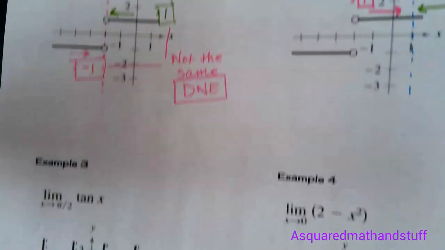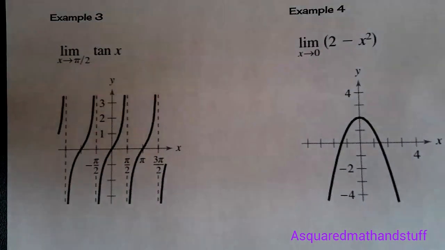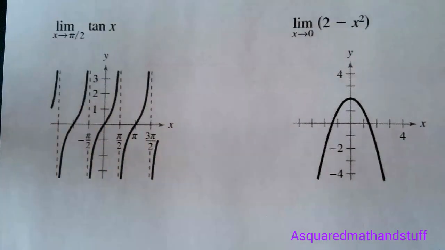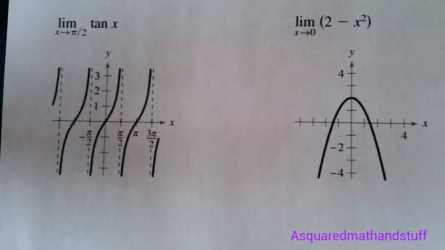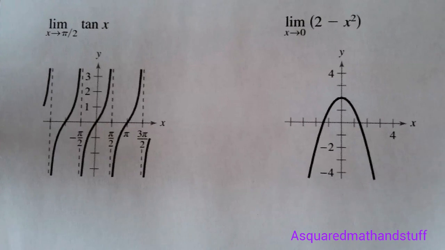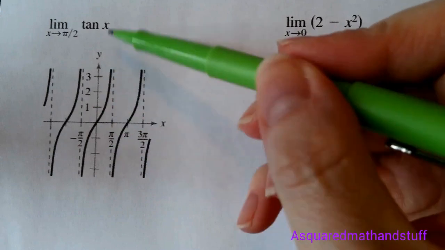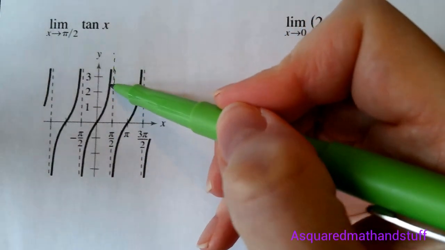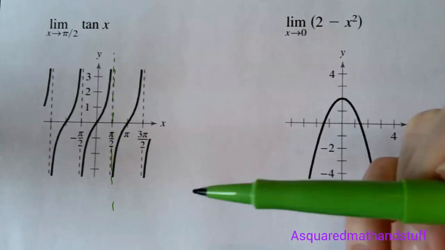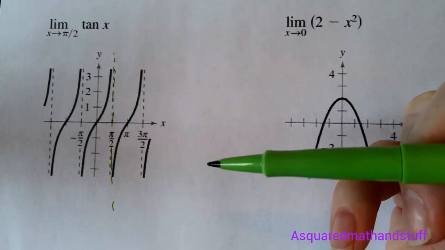Let's quickly look at a few more examples so we can give an example of the other 2 types of behaviors. The first one here, for example 3, we're looking at a tangent graph and the limit as x approaches pi/2. At pi/2, there's an asymptote. And anytime we have an asymptote, we have to look at the end behaviors.